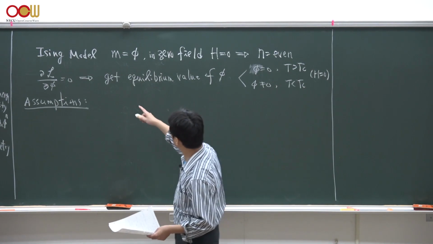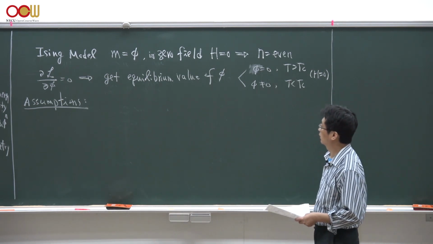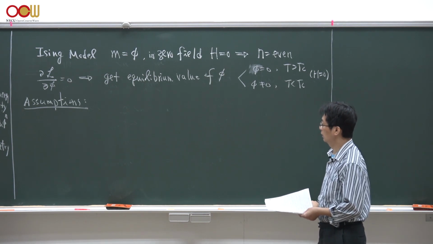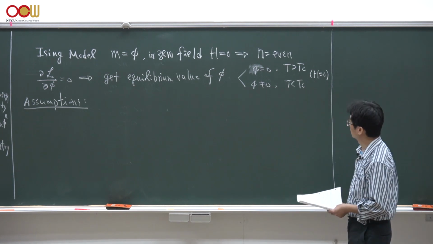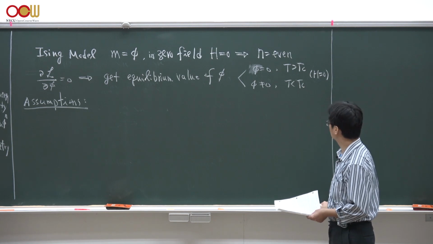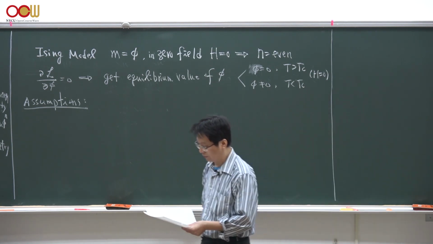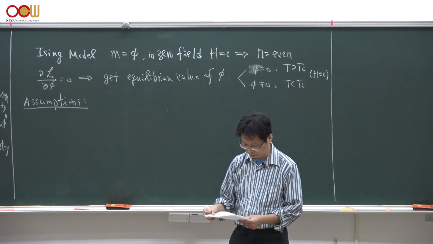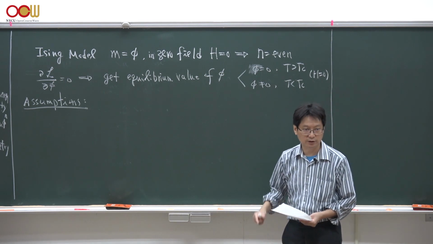We could determine the equilibrium value of phi by taking the derivative of Landau's free energy density with respect to phi and setting it to 0, and in that case we get zero phi when T is above Tc and non-zero magnetization when T is below Tc. Okay, but this is more general than just the Ising model. We could discuss various kinds of transitions at Tc which could be analyzed in the same way.